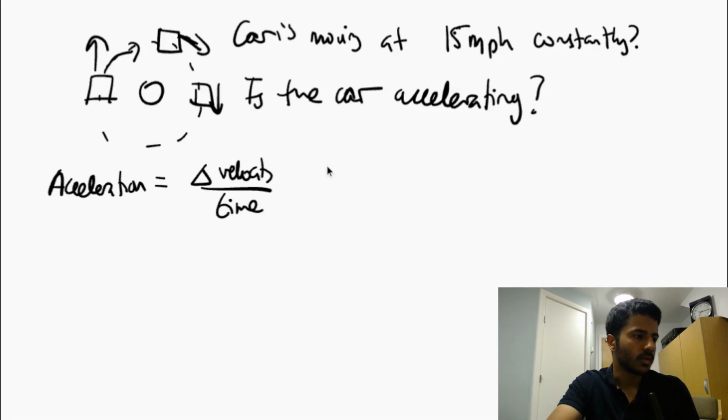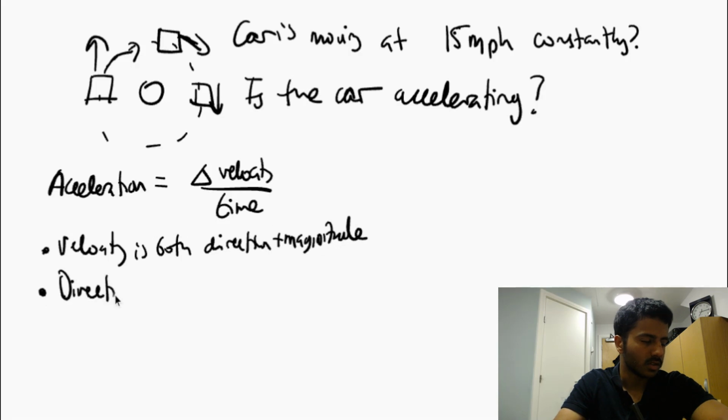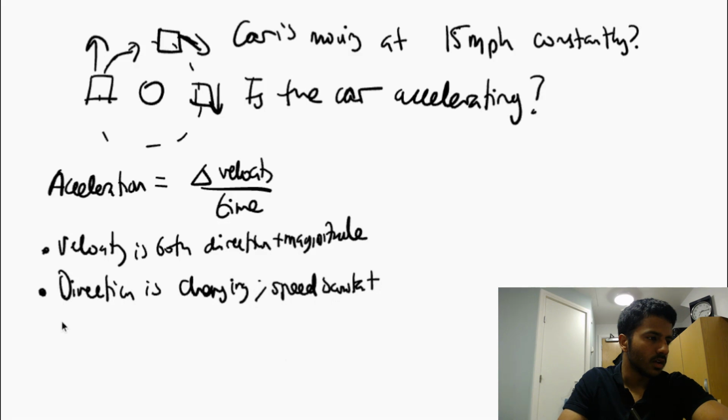So you know that because velocity is both direction and magnitude, the direction is changing even though speed is constant. Since velocity is dependent on both direction and magnitude, the velocity is changing.